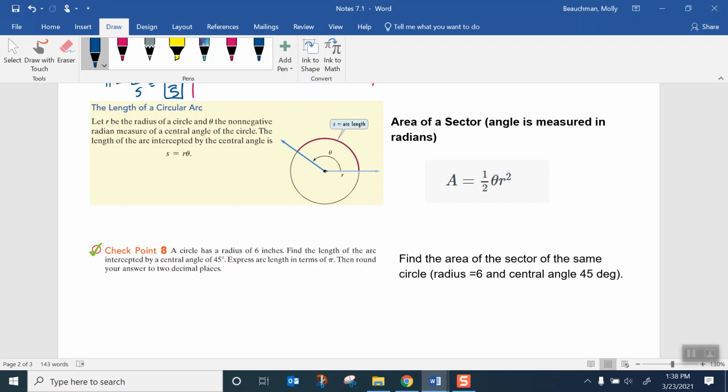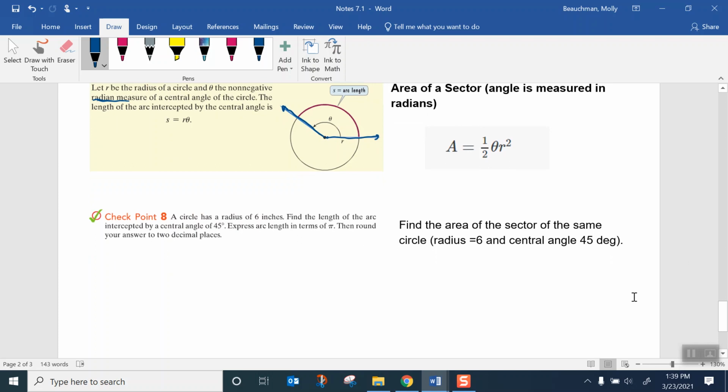So the central angle of the circle is the angle formed by the two radii, okay? The length of the arc intercepted by the central angle, this s, this arc length, is the radius times theta. And theta needs to be measured in radians, okay? So it's radian measure.